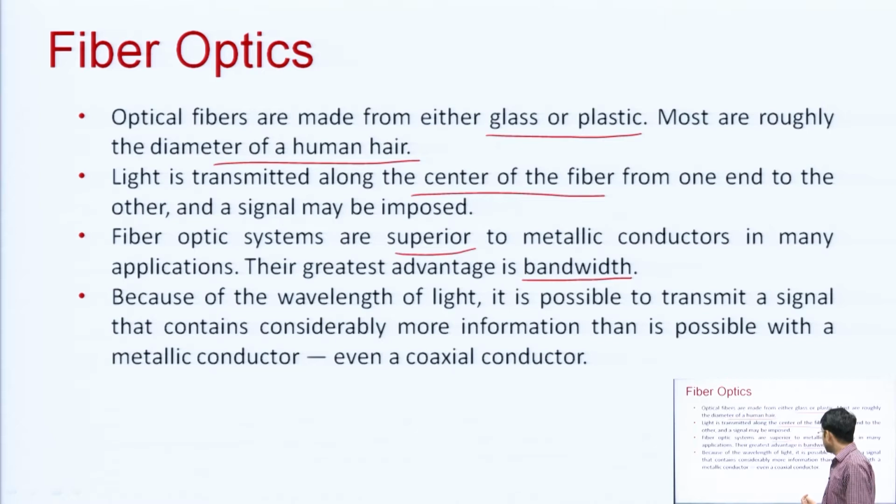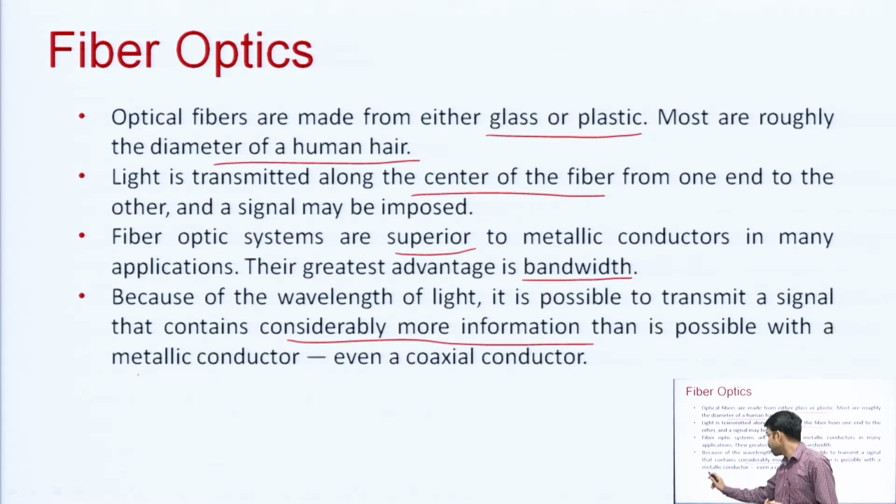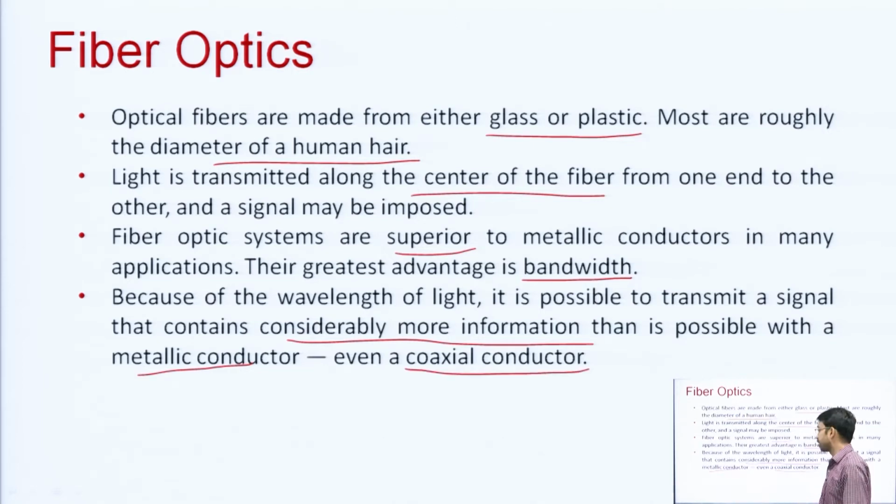Because of the wavelength of light, it is possible to transmit a signal that contains considerably more information than is possible with a metallic conductor. Even if we compare it with a coaxial conductor, the speed and bandwidth of optical fiber is much higher.